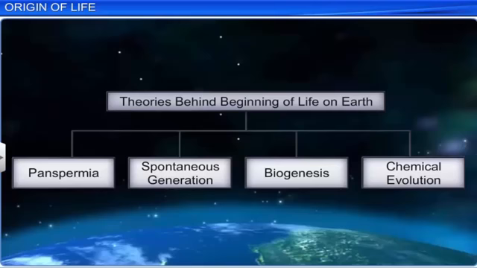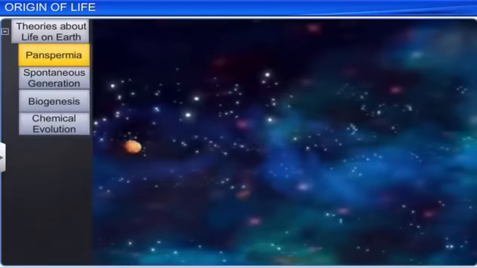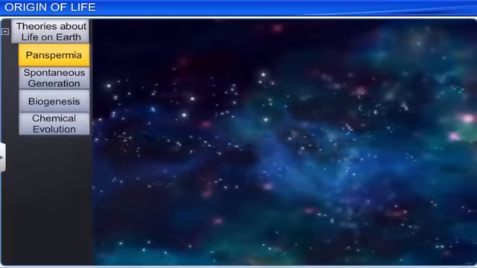There are different theories that try to explain the beginning of life on Earth. Some of them are panspermia, spontaneous generation, biogenesis, and chemical evolution. Panspermia is the oldest theory founded by Greek thinkers.